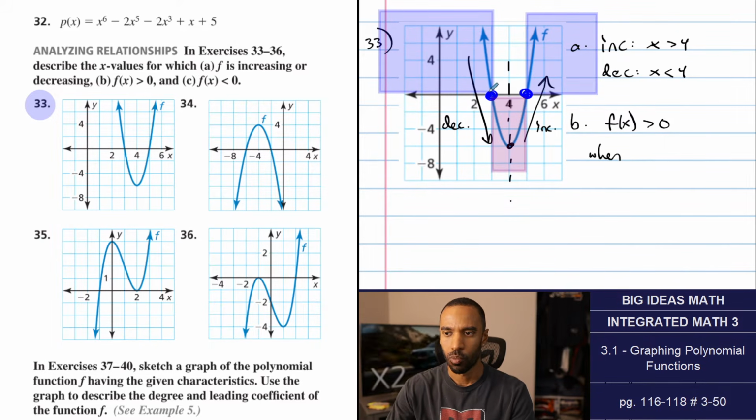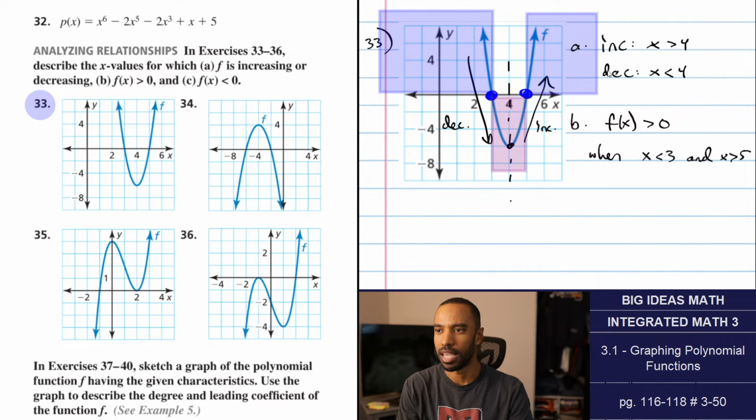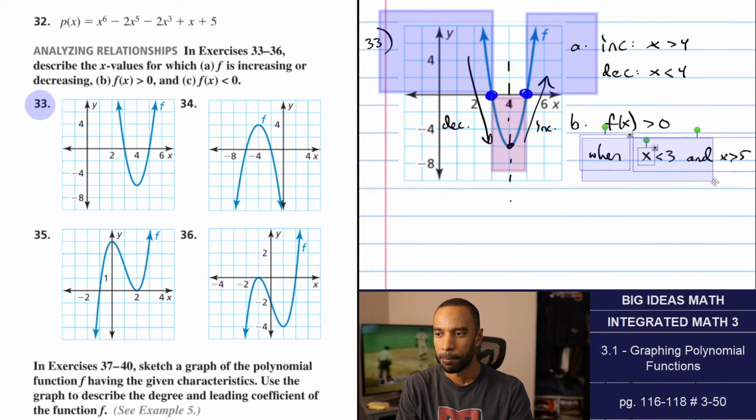It's positive when x is less than 3 and when x is greater than 5. I don't know, do I use and? I should probably look this up. Sometimes you've got to use or and things like that. But it's on those intervals there. Okay?